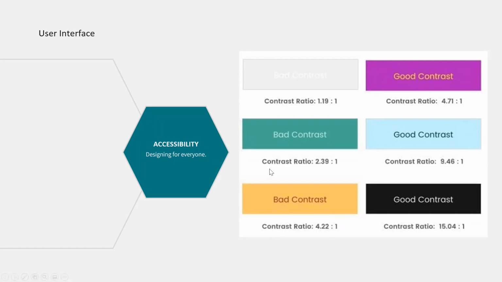So it's just a thing to keep on the lookout for. If you look at beautiful designs online, in a lot of cases you'll see a beautiful light yellow with white on top of it. As nice as it looks, it's actually not accessible. People with low or limited vision will not be able to see it. So this sort of consideration really needs to be taken for all these people to be able to actually use your application.